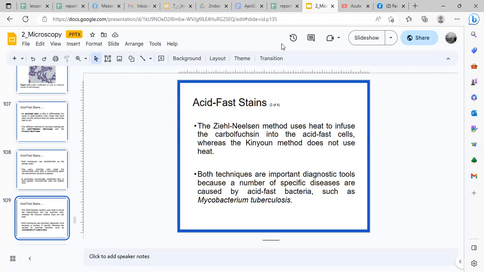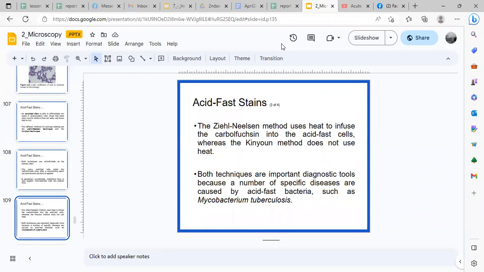In the Ziehl-Neelsen method, it uses heat. This will infuse the carbol fuchsin into the cells. In the Kinyoun method, it does not use heat.